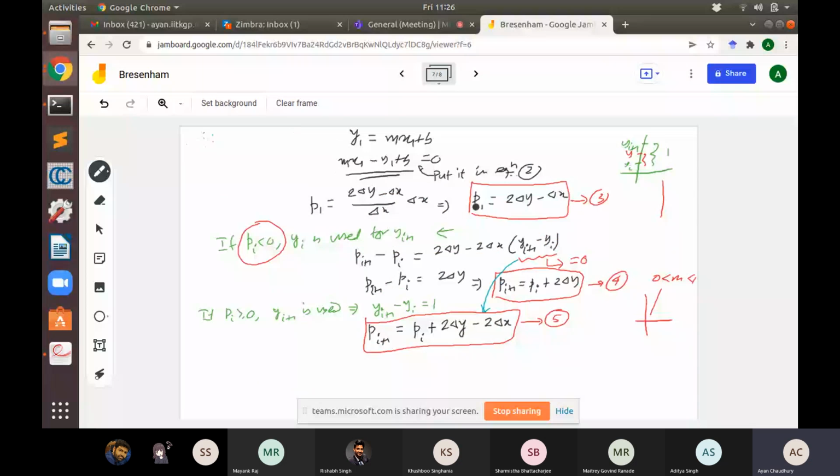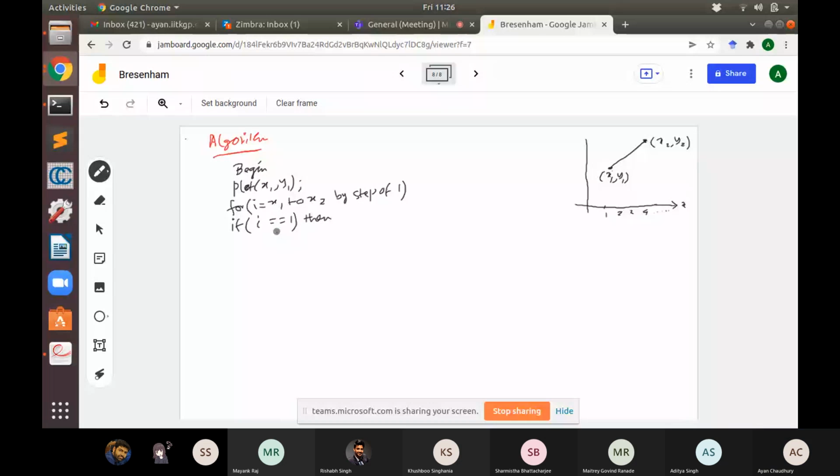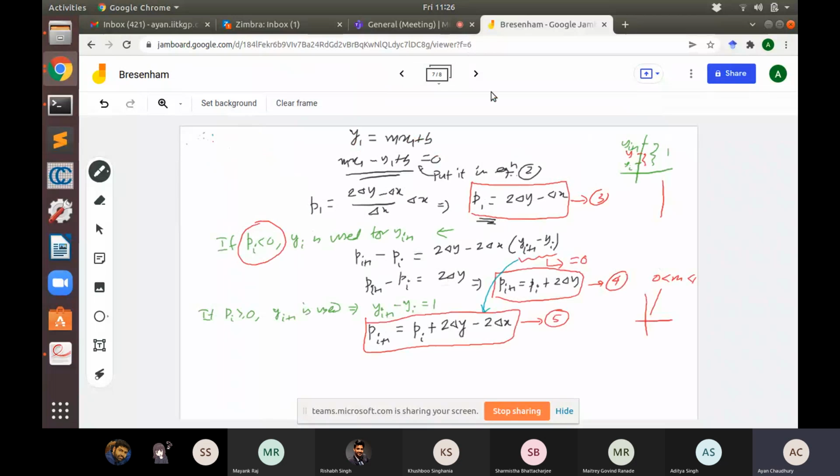How about this one, P1? We computed this for P1 because we started the iteration here. So if I is equal to 1, we compute the value of P1, and P1 is equal to 2 delta y minus delta x.